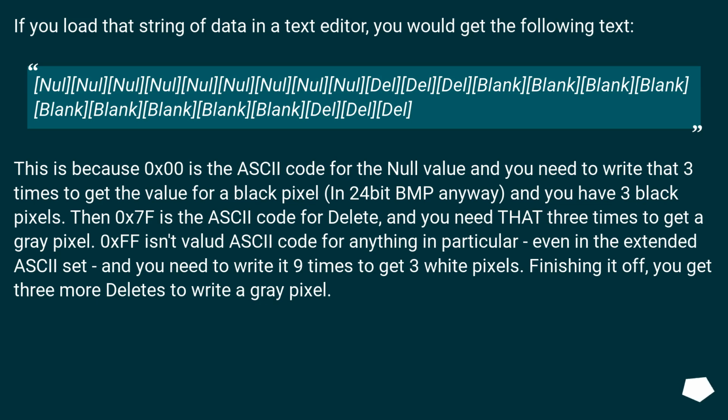Then 0x7f is the ASCII code for delete, and you need that 3 times to get a gray pixel. 0xff isn't the ASCII code for anything in particular, even in the extended ASCII set, and you need to write it 9 times to get 3 white pixels. Finishing it off, you get 3 more deletes to write a gray pixel.